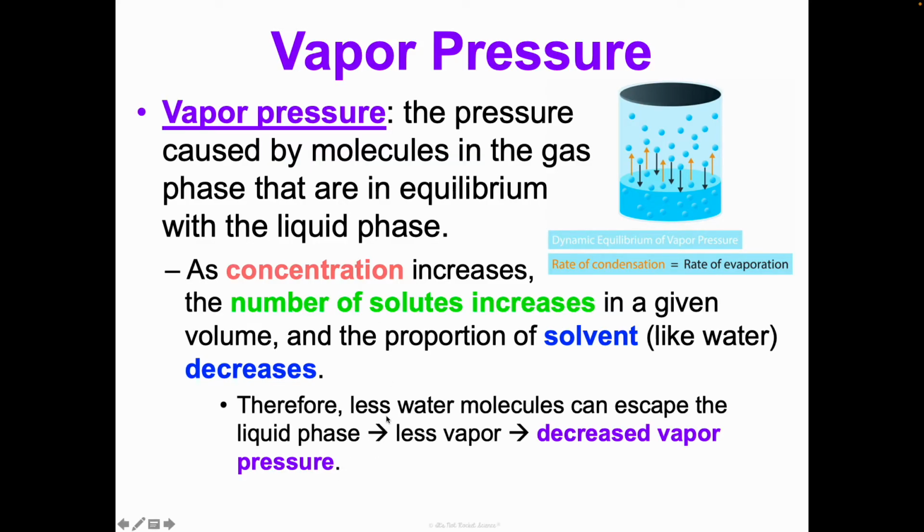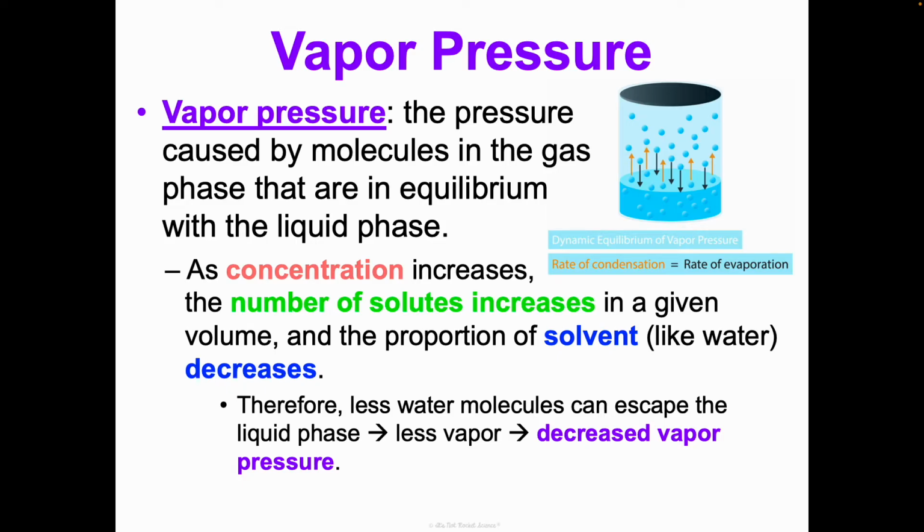There are fewer water molecules that can escape to the gas phase. Think about that. Less can escape, which means there's less vapor, which means a lower vapor pressure. So the presence of these solutes makes a difference. Solute particles lower the vapor pressure of the solvent.